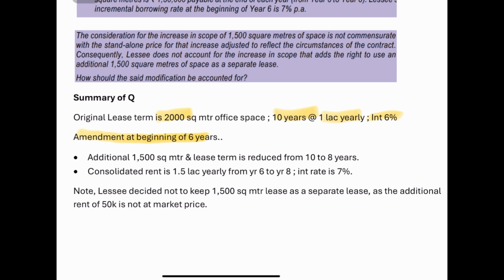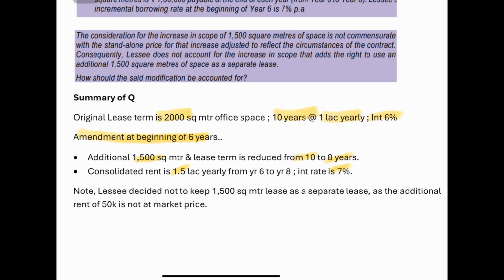At the beginning of the 6th year there are some amendments. The first amendment is that an additional 1500 square meter is added, and the lease term is reduced from 10 years to 8 years, and the consideration is increased from 1 lakh to 1,50,000, and the interest rate is changed from 6% to 7%. So these are the modifications that happened.